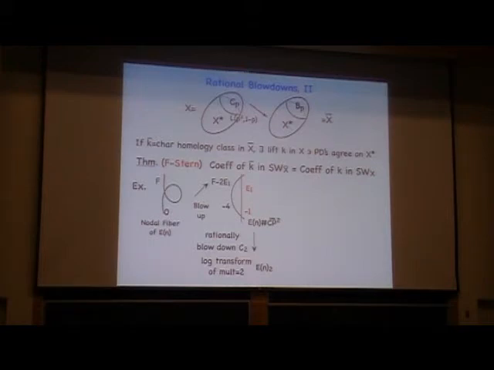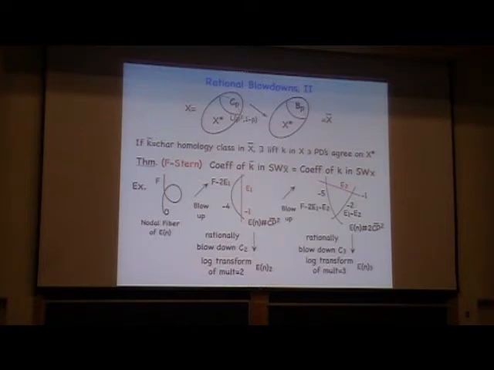Now if you look at a point where the sphere of self-intersection minus 4 and minus 1 meet, you can blow up again, and you get a configuration that looks like the one on the right. And in it, you see minus 5, minus 2, which is the configuration I was calling C3. You can rationally blow that down, and you get the log transform of multiplicity 3 on the end. So this tells you that you can get all log transforms on a simply connected elliptic surface by the process of blowing up and then rationally blowing down.